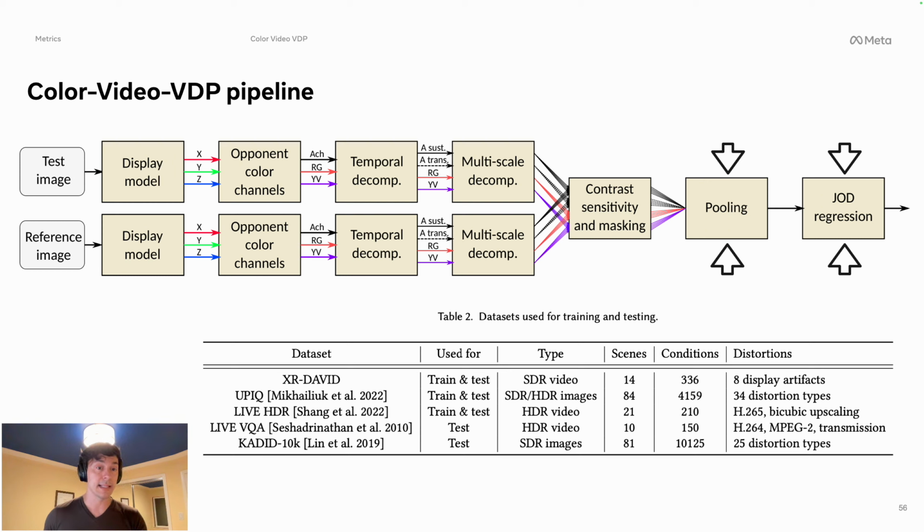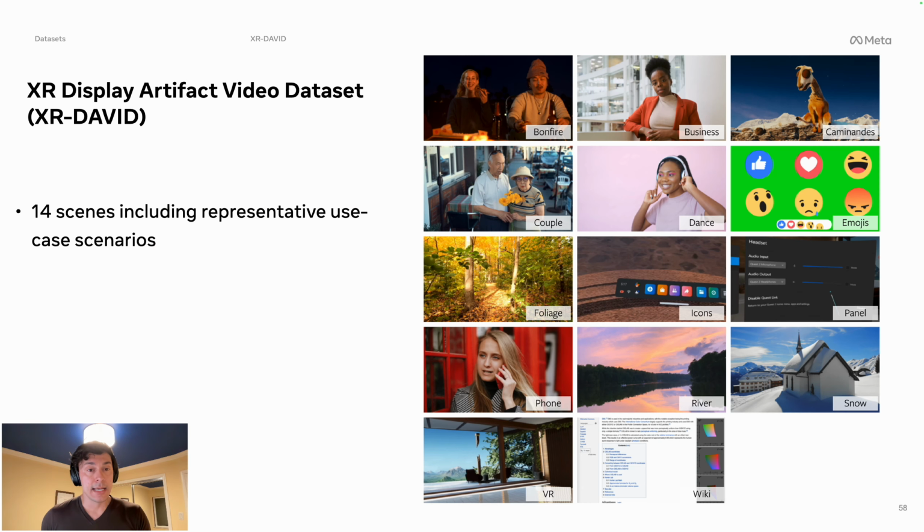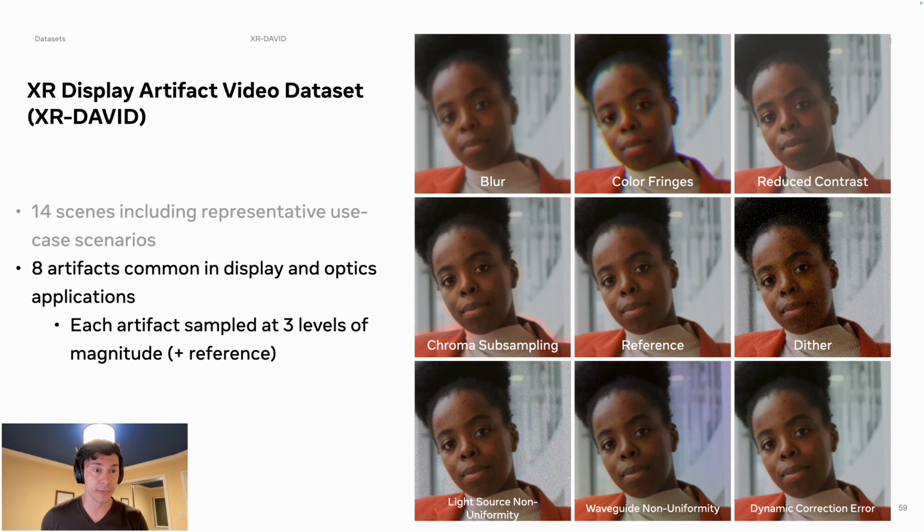I mentioned earlier that one of our priorities is to make sure that our results match the outputs of subjective studies. And so we've calibrated this metric on as many studies as we could. And the first one here in this list is one that we've created specifically for display artifacts, which contained 14 different scenes and different use case scenarios.